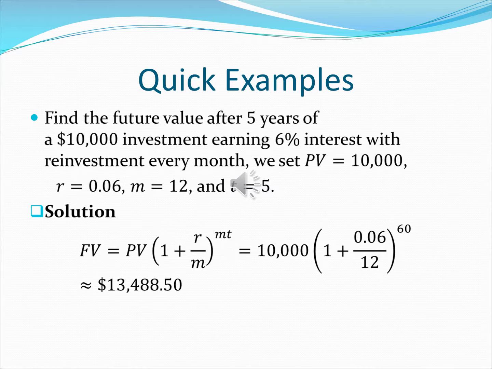We set present value equal to 10,000, R equal to 0.06, M equal to 12, and T equal to 5. Future value is equal to 10,000 times 1 plus 0.06 divided by 12 raised to power 60, and that will give you 13,488.5.